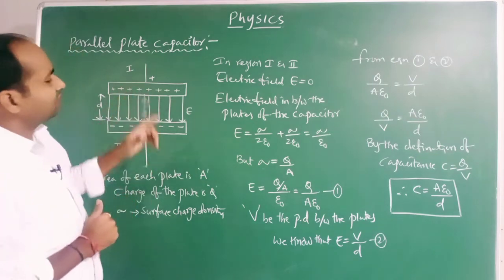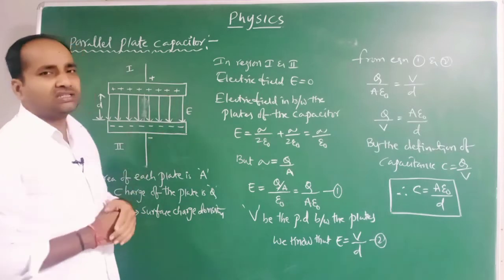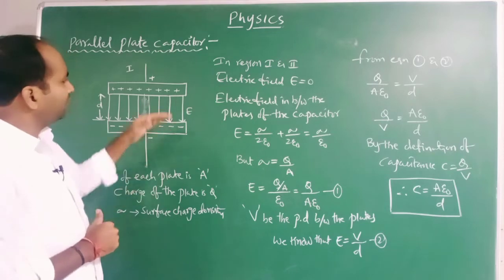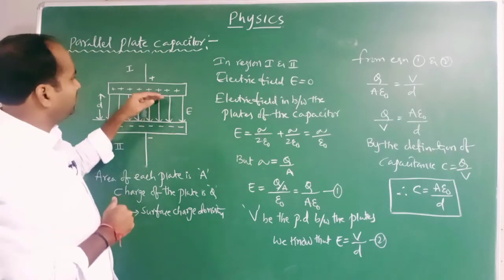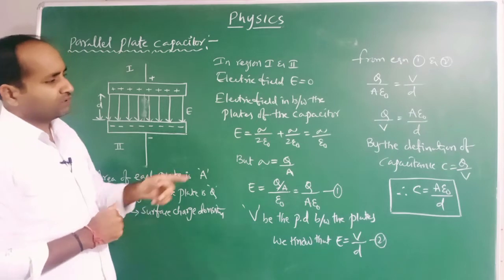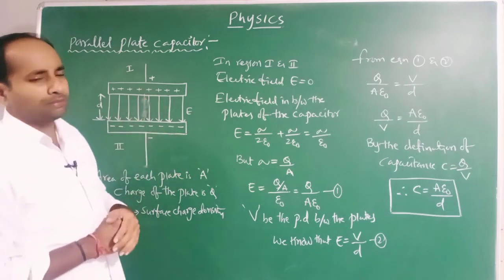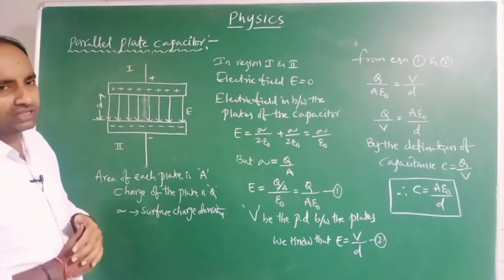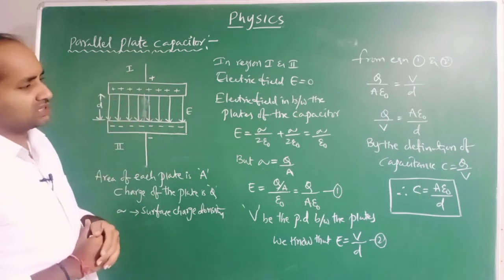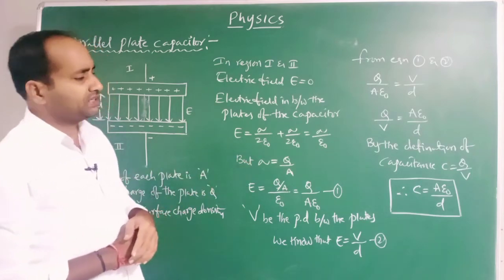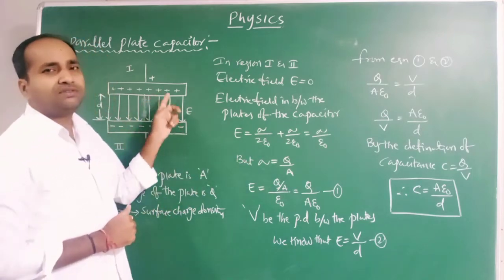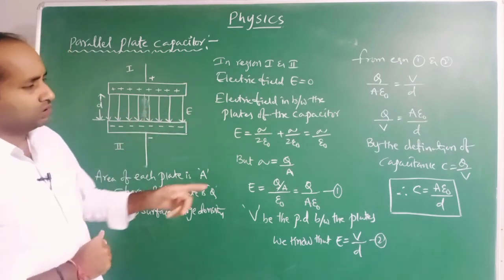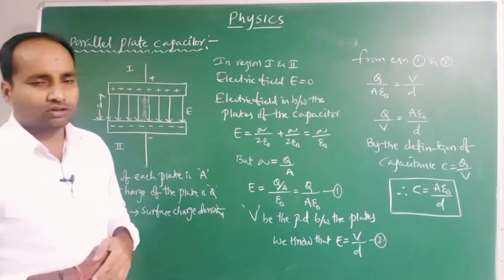And if D is the distance between the plates, when the D value changes, the capacitance again changes. So the capacitance of a parallel plate capacitor, or any capacitor, depends upon three factors: one is the geometry of the plates, the second is the distance between the plates, and the third is the medium between the plates. So C is equal to A epsilon naught by D.